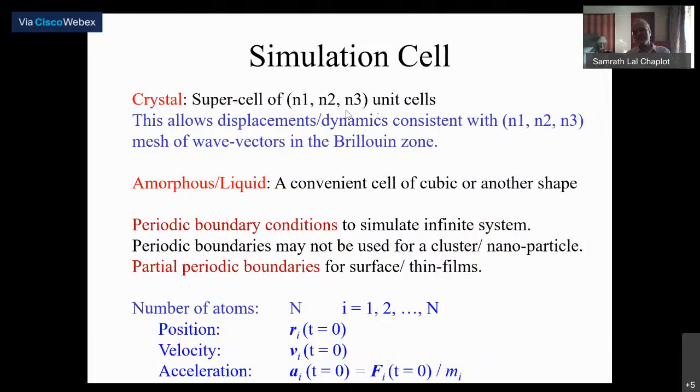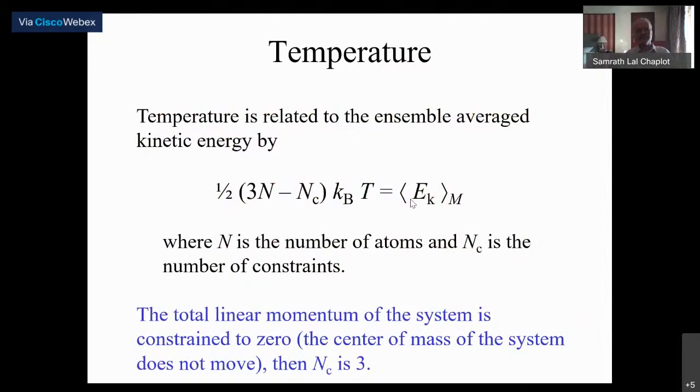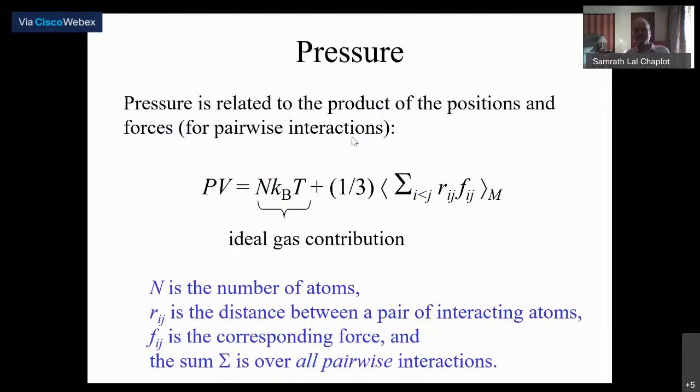So this size and shape are already fixed by a, b, c, alpha, beta, gamma, or whatever other shape or size I have chosen. If they are not varying, then it would cause certain external pressure. Those values can also be determined corresponding to zero pressure.